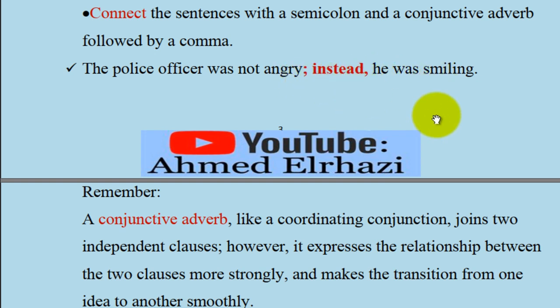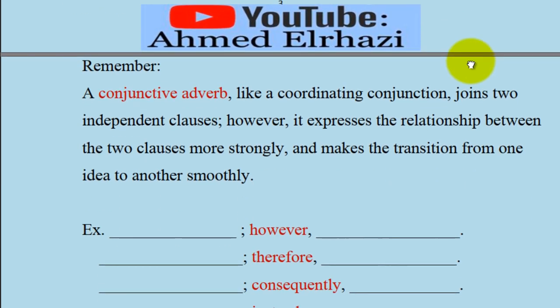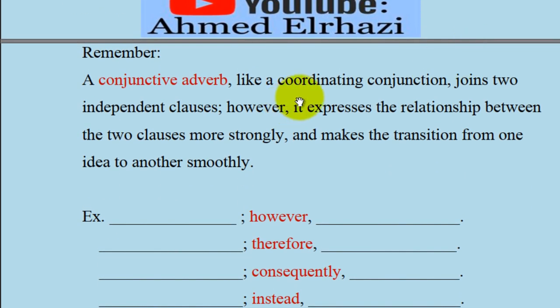Instead is a conjunctive adverb. Remember, a conjunctive adverb, like a coordinating conjunction, joins two independent clauses. However, it expresses the relationship between the two clauses more strongly. This is what we use it for, because a conjunctive adverb expresses the relationship between the two clauses more strongly and makes the transition, as I said before, from one idea to another more smoothly.